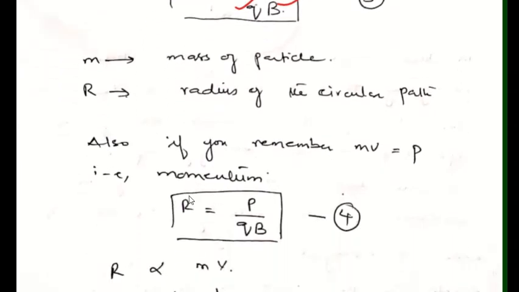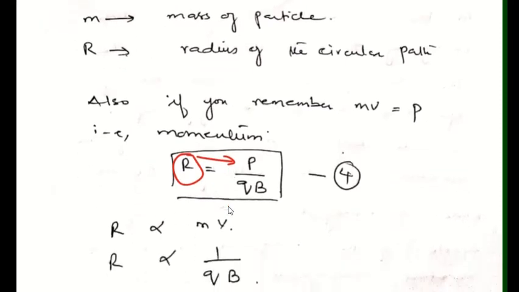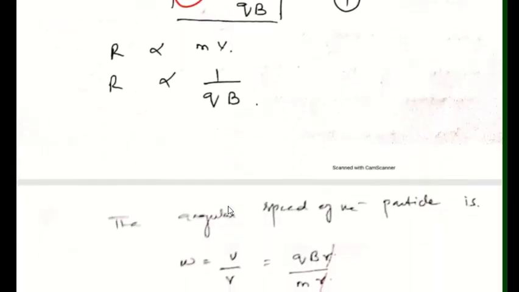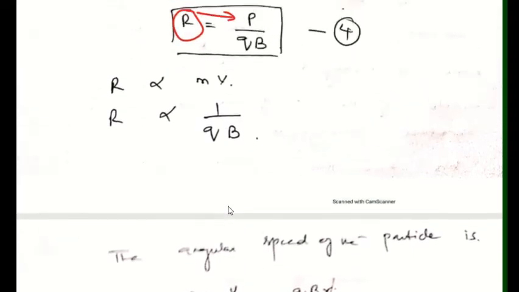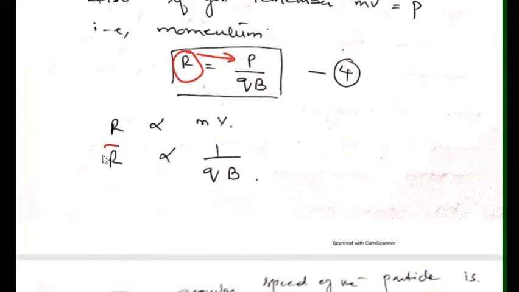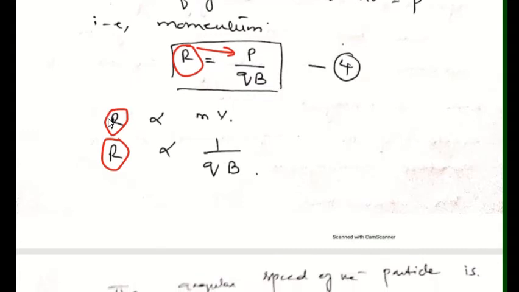From here I can see that the radius is directly proportional to linear momentum as well. This is how we can easily find the radius of the circular path in which the charged particle is moving, if it has a certain velocity and magnetic field and the force acting on it.